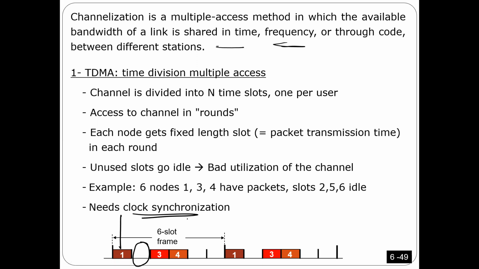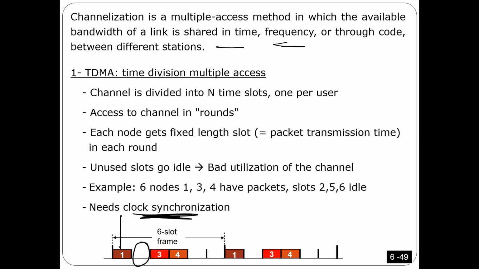Also, this idea needs synchronization. Same as the token? No, it's different from token, because with token, once I receive the token and I don't have data to transmit, I'm not gonna waste time. I'm gonna just pass the token quickly to the next one to use it.